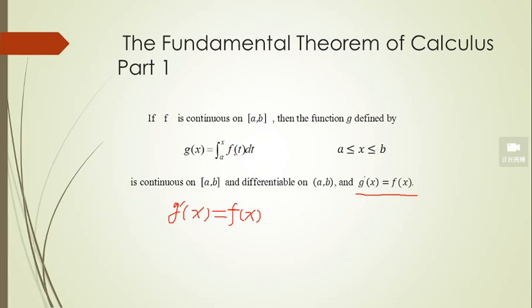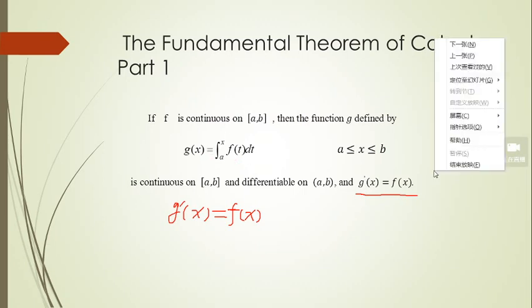Understand? So it's easy, okay? If we have function g defined in this way, then the derivative of g just gives f(x). It's differentiable, and the derivative is f(x). So part one gives the derivative of g in a direct way. Also, that reveals the connection between f and g. Make sense?